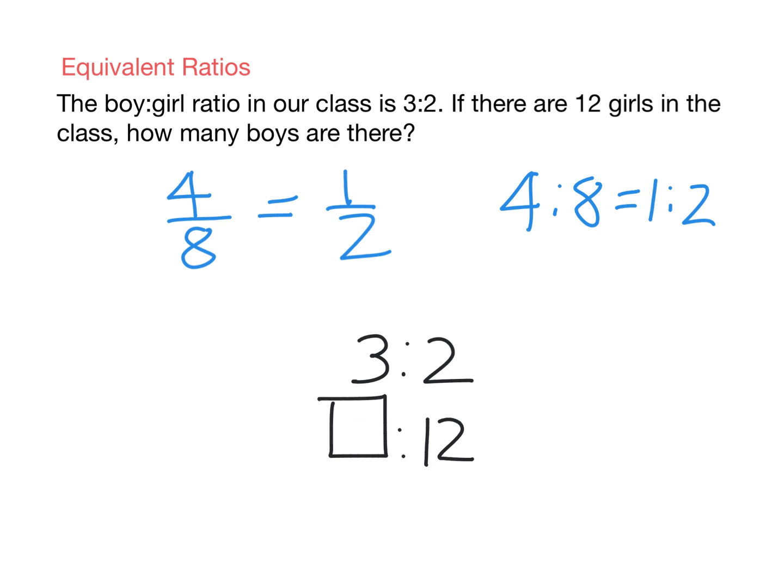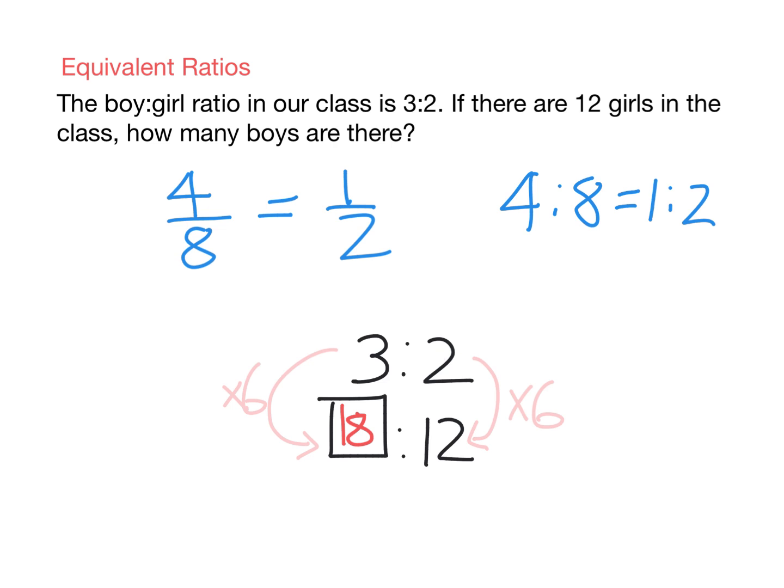Well, the two ratios will be equivalent if what we do to one number in the ratio, we do to all the others. To get from 2 to 12, we've times by 6. So if these ratios are equivalent, we must also times the first number by 6. Of course, 3 times 6 is just 18. There must be 18 boys because 18 to 12 is the same as 3 to 2.